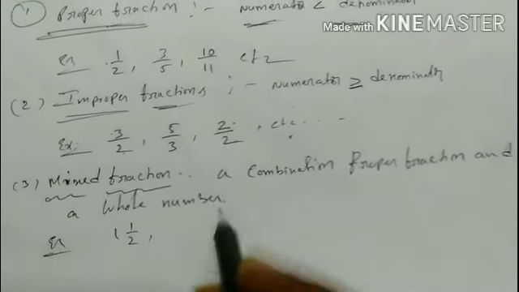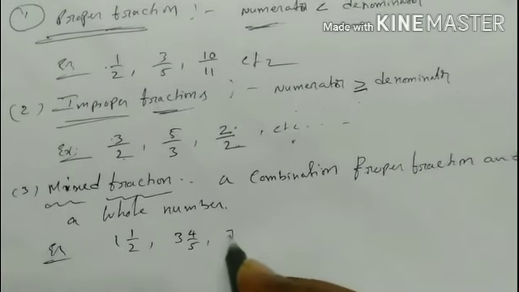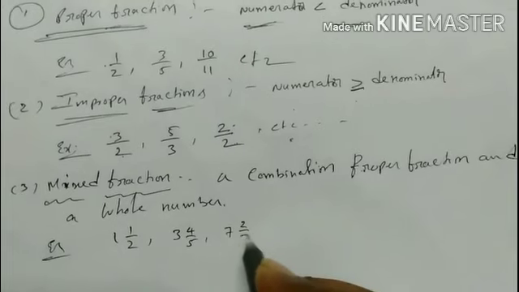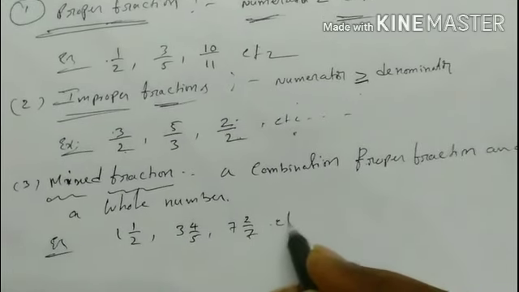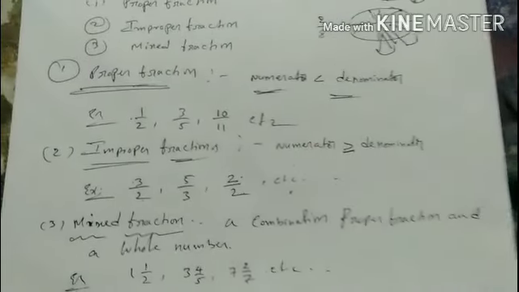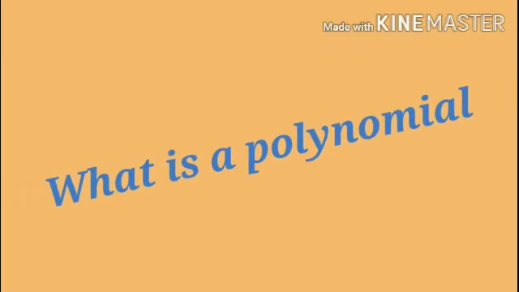It is like 1 into 1 by 2, 3 into 4 by 5, 7 into 2 by 7, like this. This is about fractions and types of fractions.